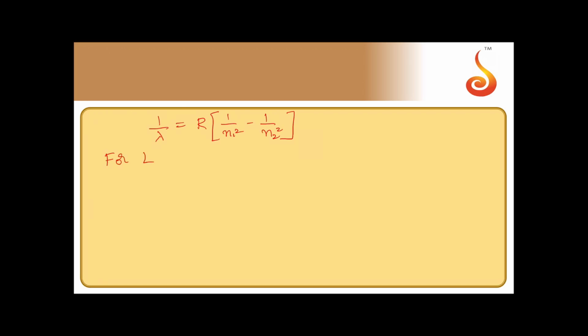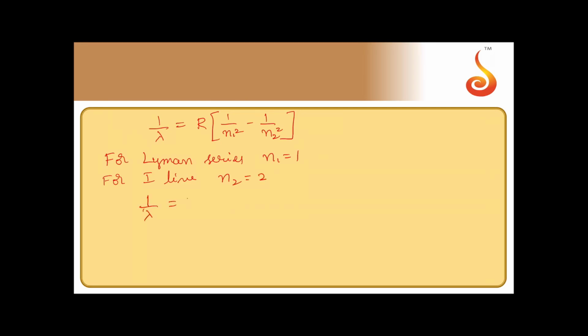So for Lyman series, n1 is equal to 1, and for first line, that is what they have asked for, n2 should be equal to 2.